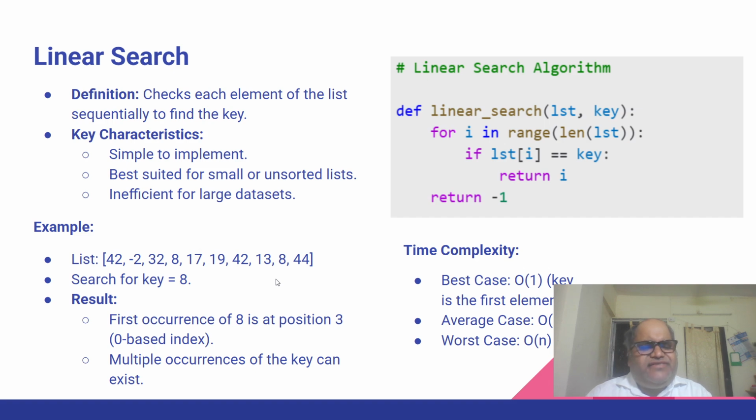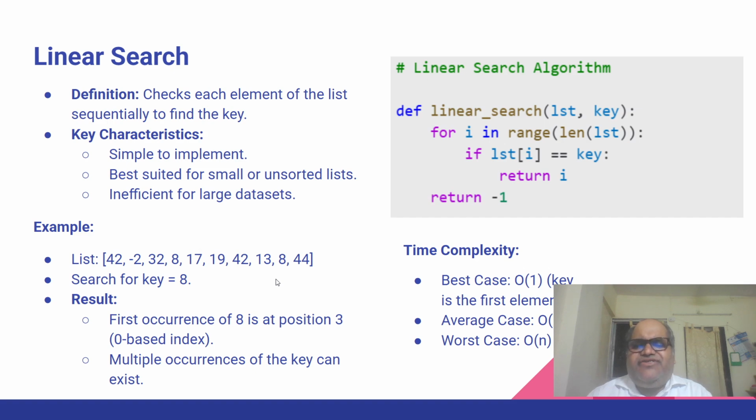Just as an illustration, if you have this list 42, -2, 32 and so forth, and you want to search for 8, what will happen? In this linear search loop, you'll start comparing from the beginning. So 8 compared to 42, no match, move to next. 8 compared to -2, and then you keep increasing the index, right?